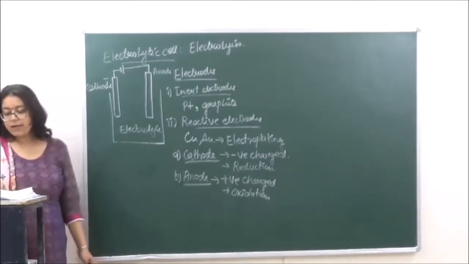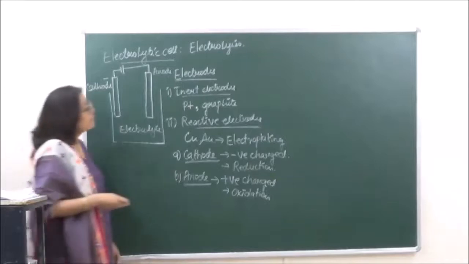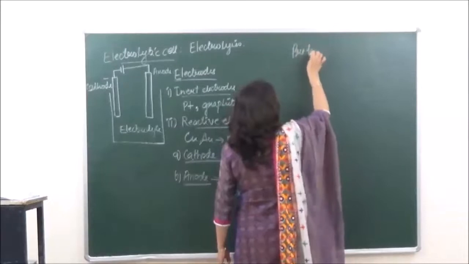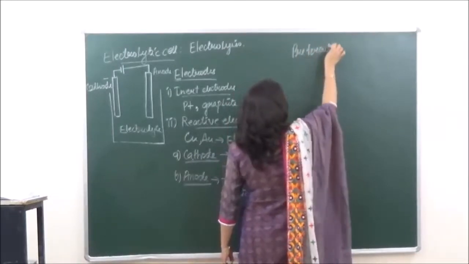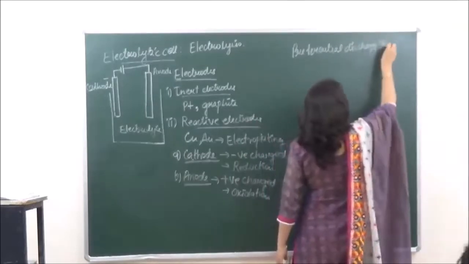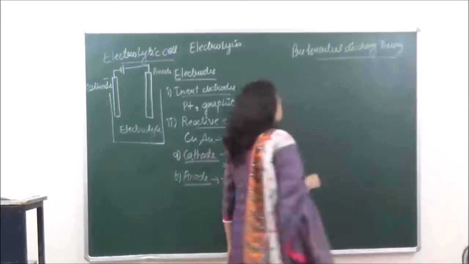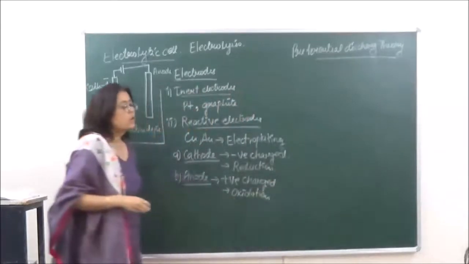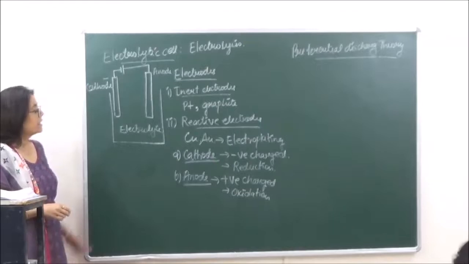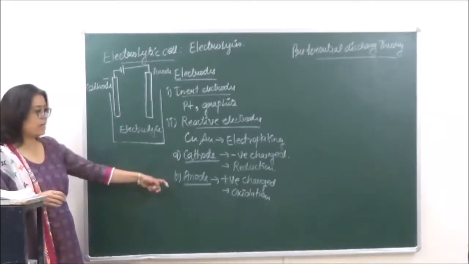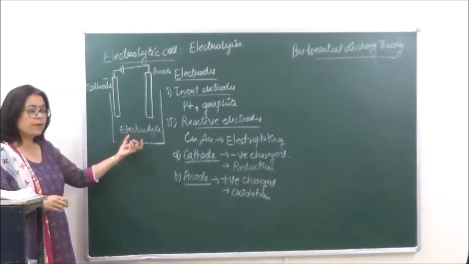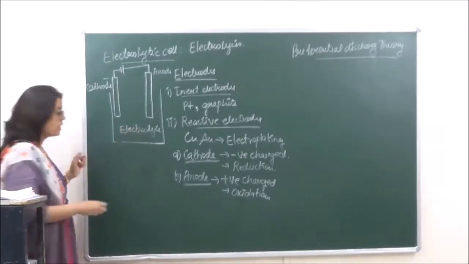When we are talking of the electrolytic cell, we have to know one very important theory, which is known as the preferential discharge theory. What do we understand by this theory? Like we have studied over here, there is a cathode and an anode, and two types of ions are produced due to the dissociation of the electrolyte.